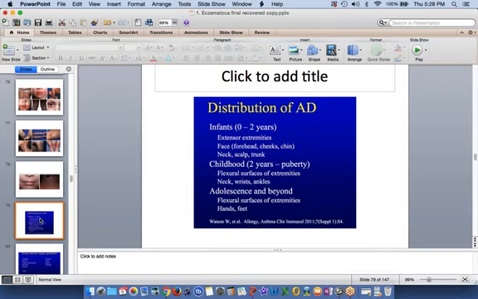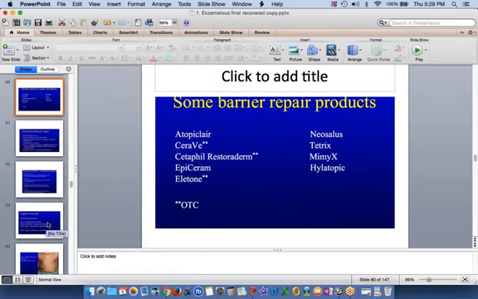When they first have it between birth and 2 years, it involves the face, neck, scalp, and trunk. But as it goes, it involves areas beyond the initial ones.